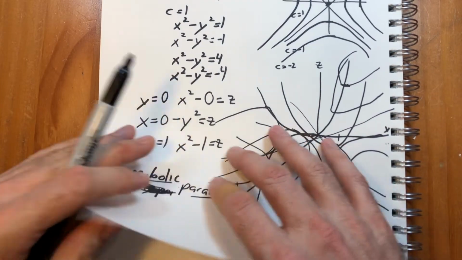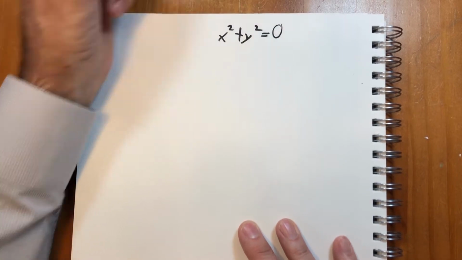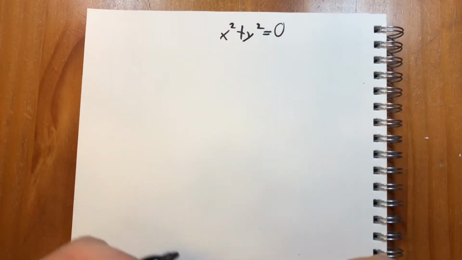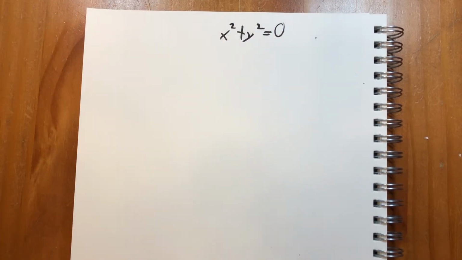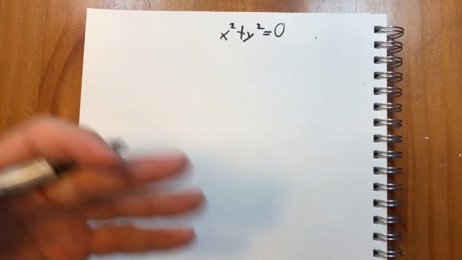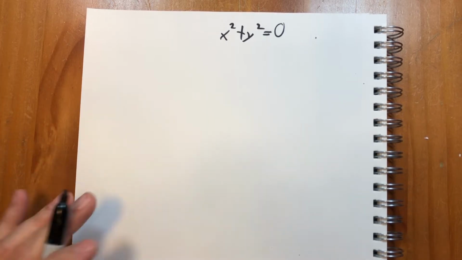That's interesting. Okay. So some conic sections can degenerate into points or lines. An obvious example is if you had x squared plus y squared equals 0, that's basically a circle of radius 0. In other words, it's just a point. And the quadratic surfaces can degenerate in the same way into points or lines or planes.